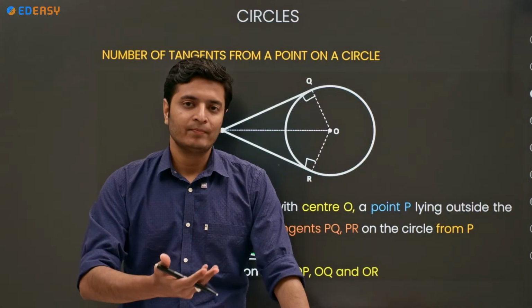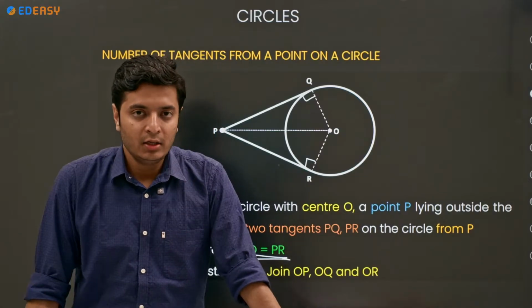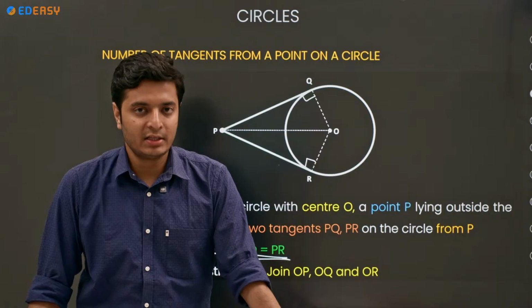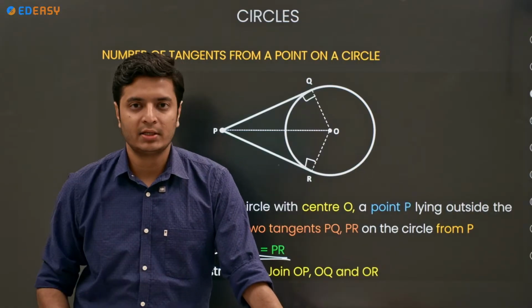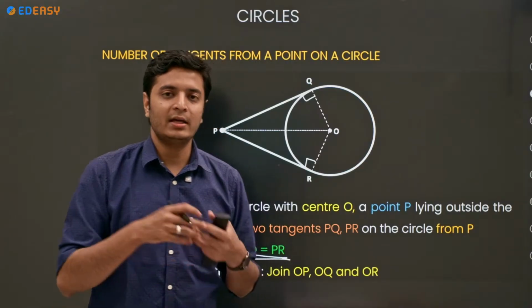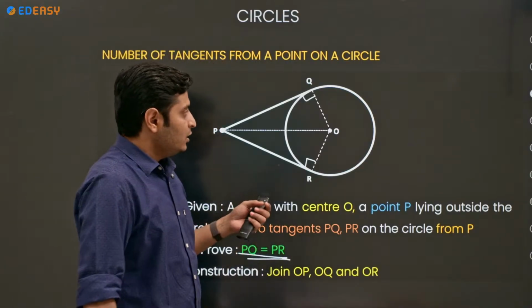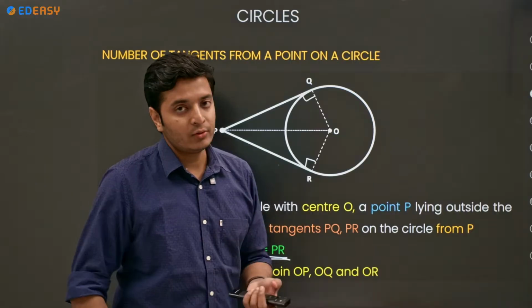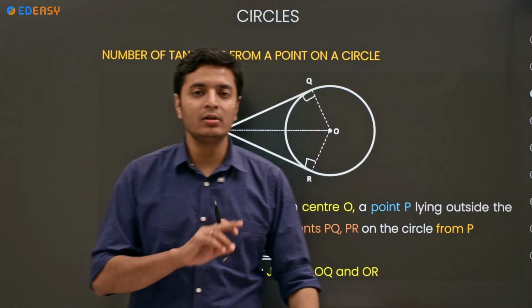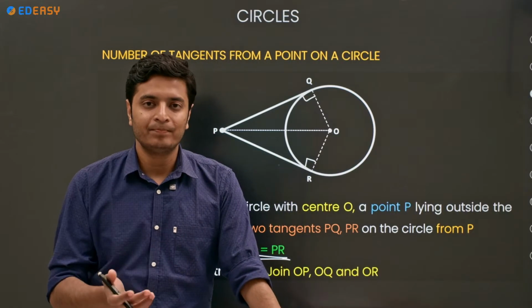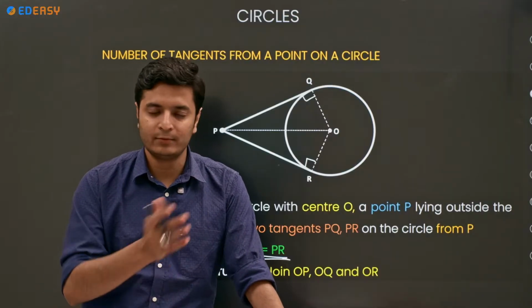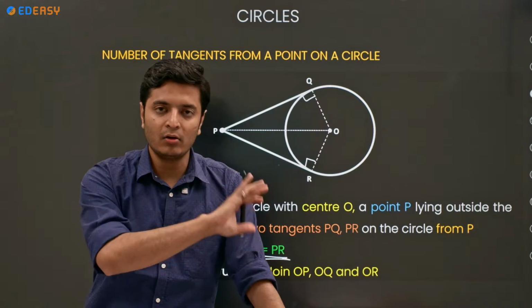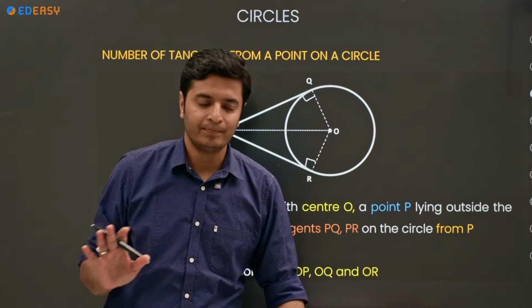What is congruence? Congruence is when two figures have the same shape and same size. If they have that, then they are congruent to each other. If two things are congruent, then all their corresponding parts are equal, whether angles or side lengths.